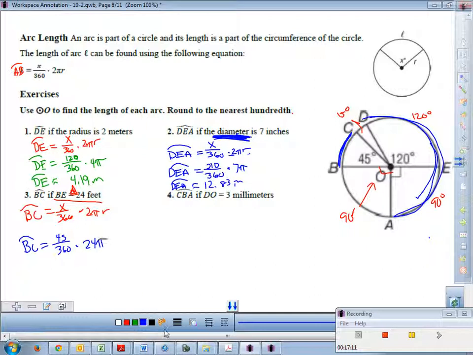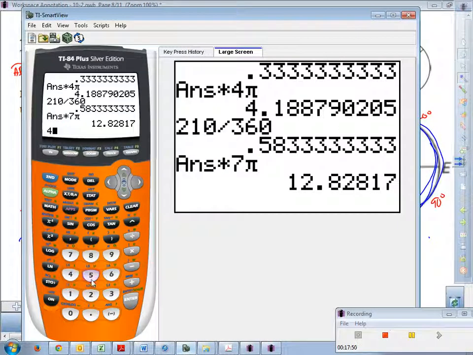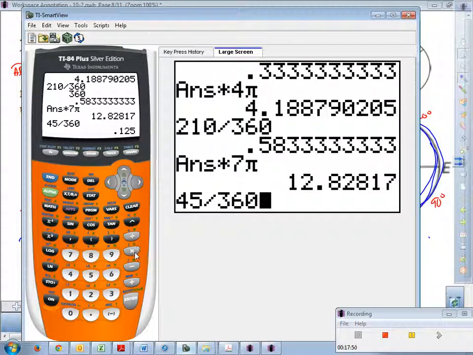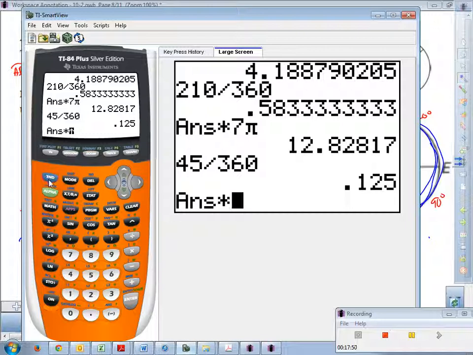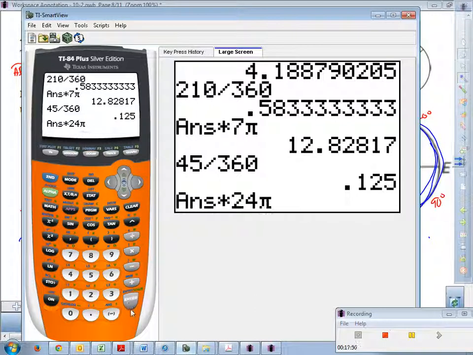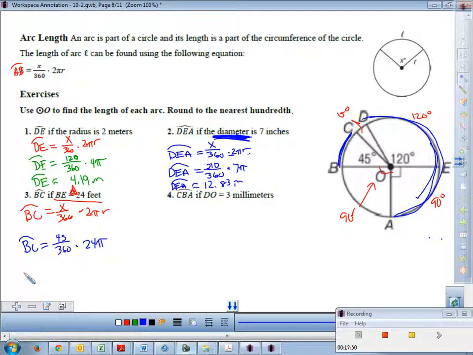So we'll punch that in: 45 divided by 360, hit equals, and then take that result times 24 pi. We get about 9.42 feet.